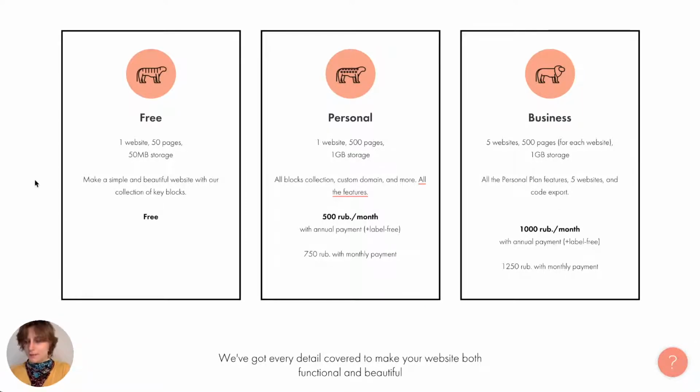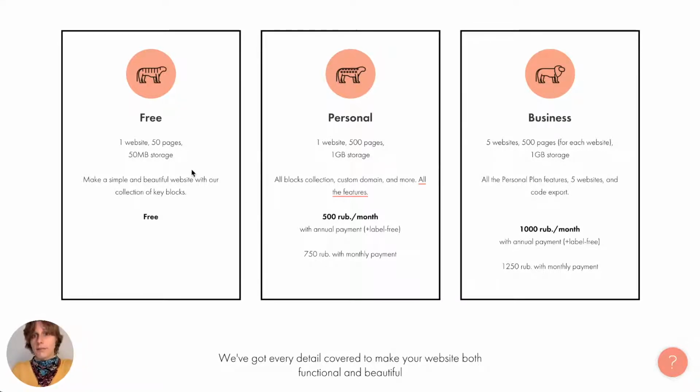So we have 3 plans: one is free, another one is personal, and the third one is business, the one I'm using at the moment. What can you do on the free pricing plan? You can publish your website on a free account, but you will have some limitations, all right?